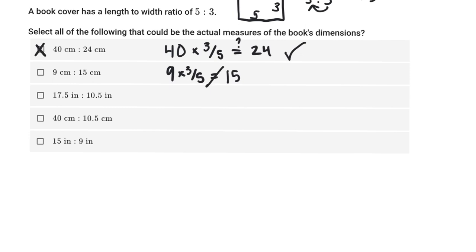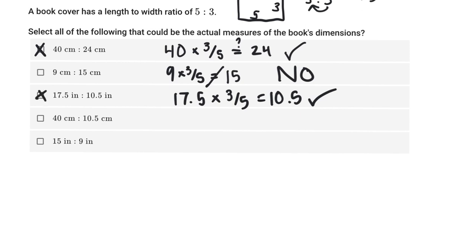So this one was not proportional. If I look at the next one, I have 17.5. If I multiply that by 3/5, we get 10.5. So this one is proportional.